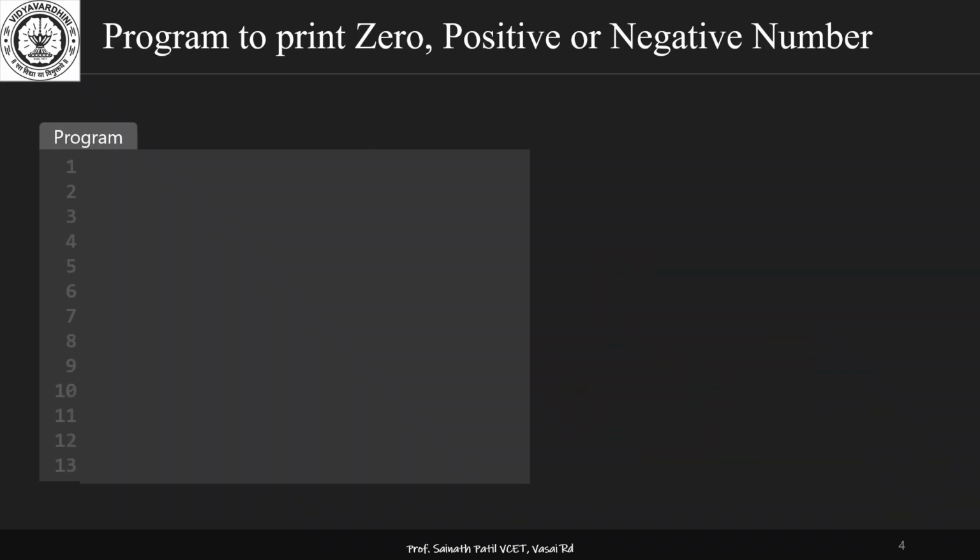Here we will see a program to enter a number and check whether it is zero, positive or negative. We'll start with the program: #include <stdio.h>, void main, open curly bracket, and here I'll declare an int variable n.